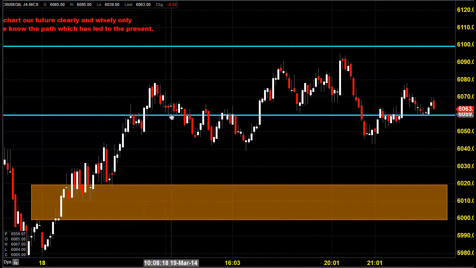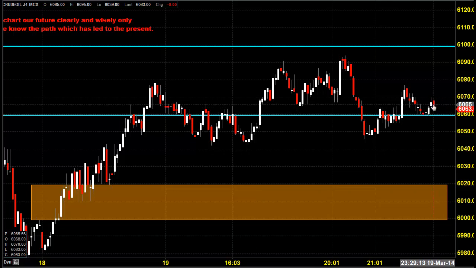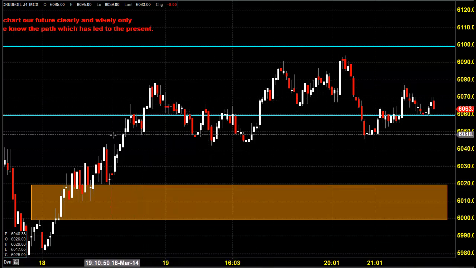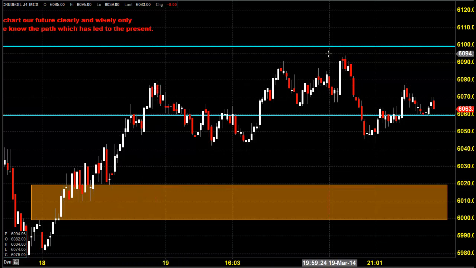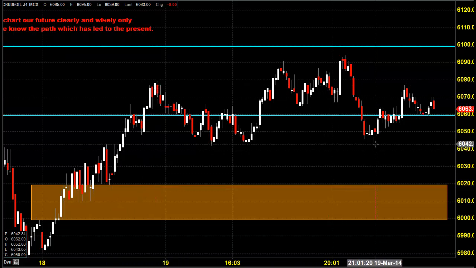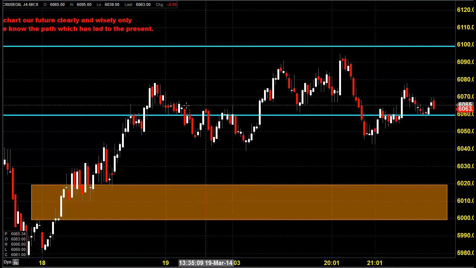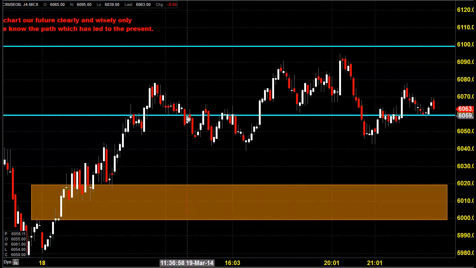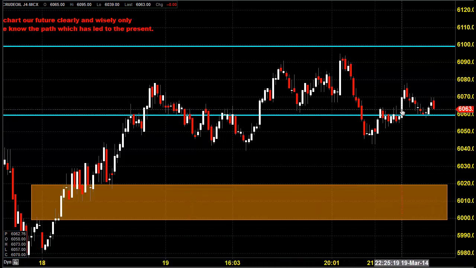You can notice the price opening and closing are equal, and the price had created a marginal new high compared to the previous day, and it had not created a new low also. So it is a pure consolidation phase, and again as per our expectation, the price took in and around 6060, and it's trying to do something here. We could identify that clearly, and we had identified that earlier.